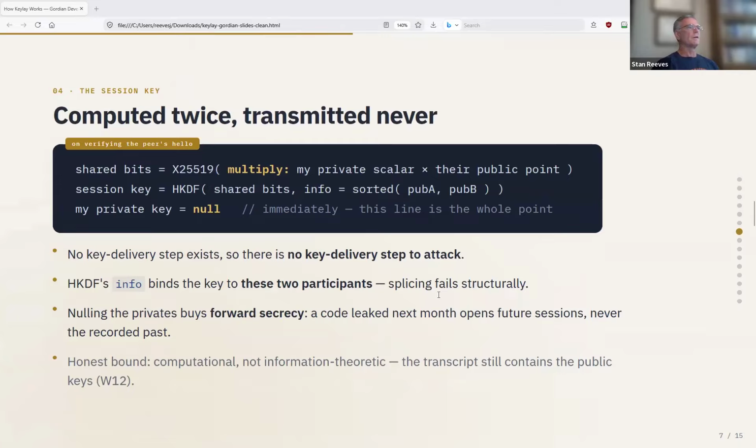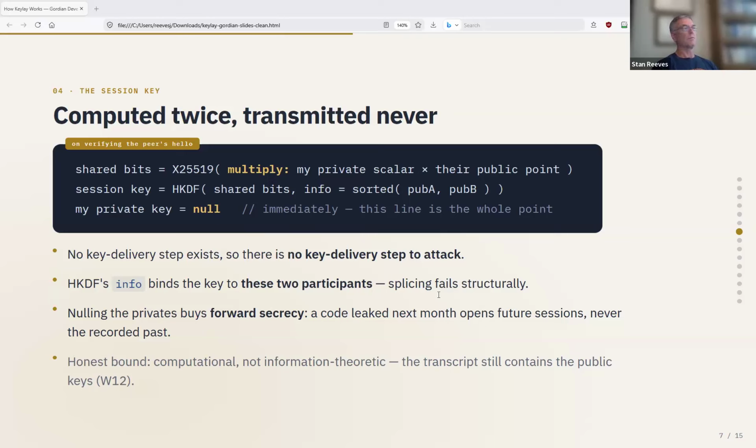So from there, we use an X25519 process. We multiply or combine your own private key with the other person's public key that they have shared with you and authenticated. And from there, you can derive a session key that is shared.